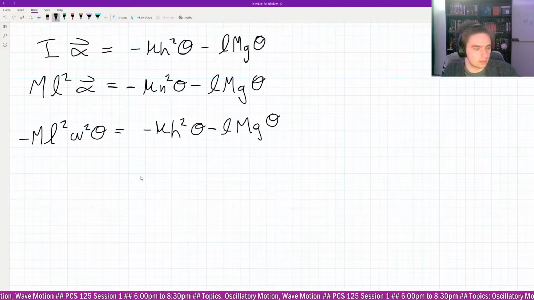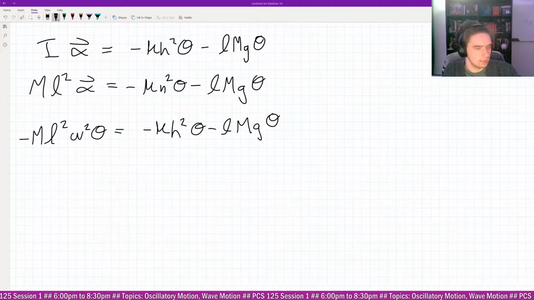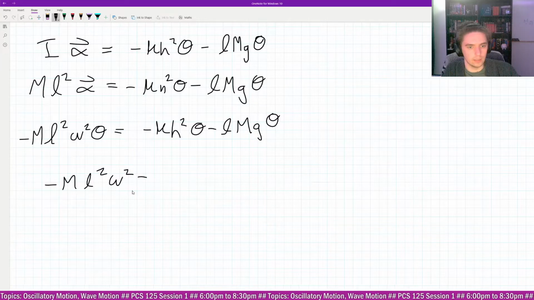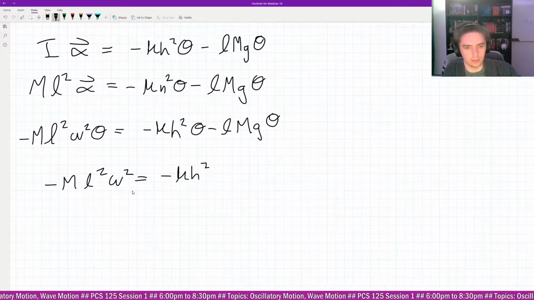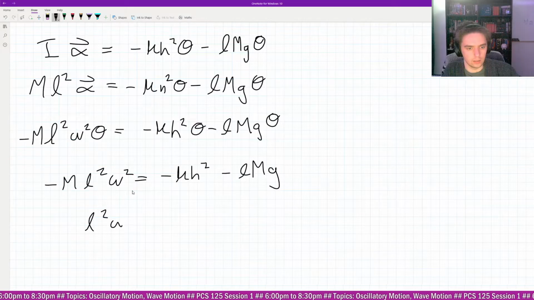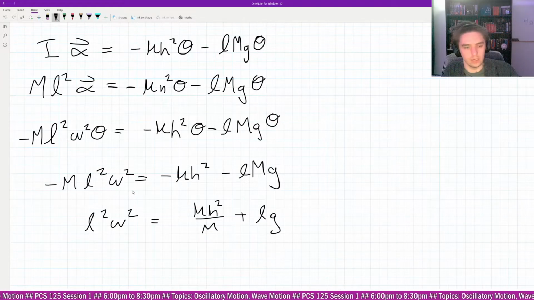Oh, I guess I can divide everything by theta. Yeah, I can divide everything by theta. So I'll do that. So it's going to be negative mL squared omega squared equals negative kh squared minus Lmg. And now I will divide everything by m and flip all the signs. So L squared omega squared equals positive k h squared over m plus Lg.